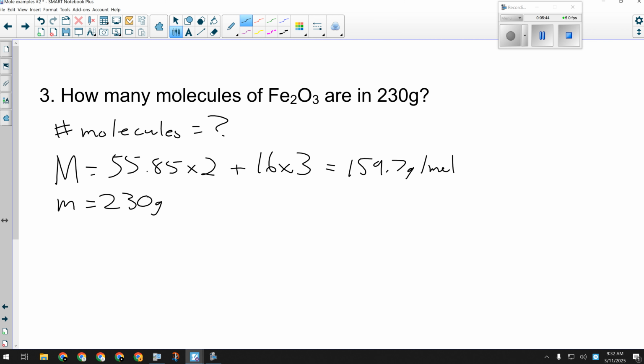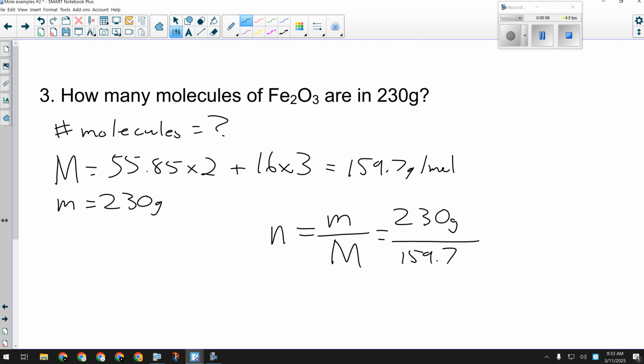I can find n because I have little m and big M. So n equals little m over big M. I'm going to take the little m that they gave me, 230 grams, and divide it by the molar mass I calculated, 159.7 grams per mole. Grams are going to cancel, and I'll be left with moles.